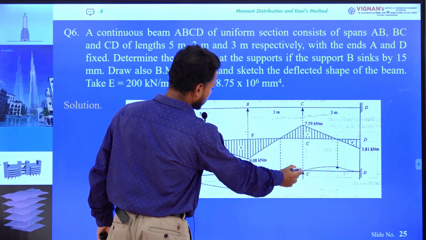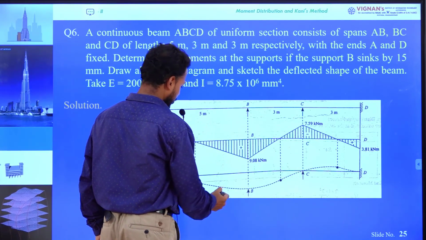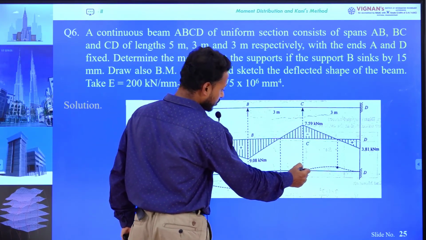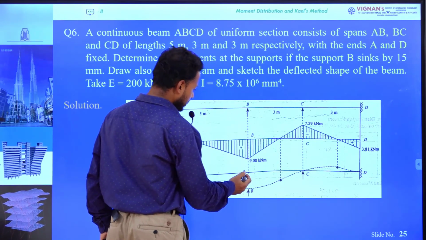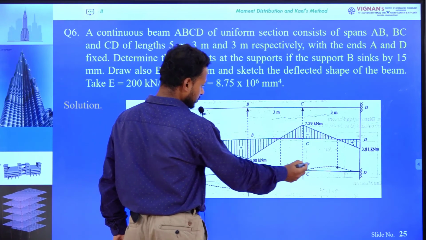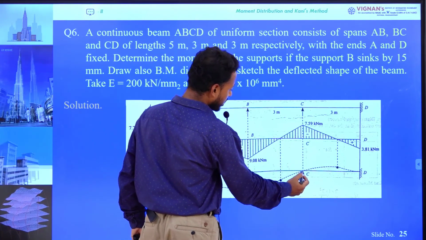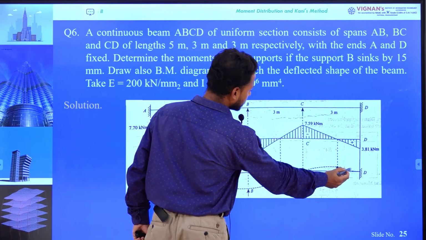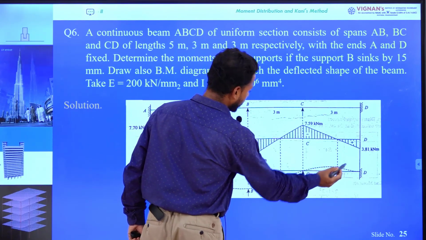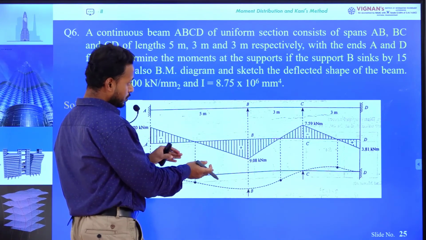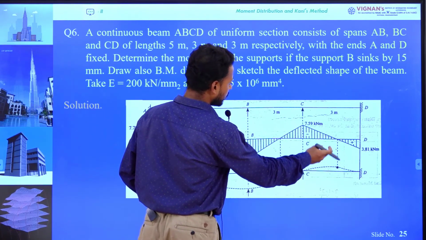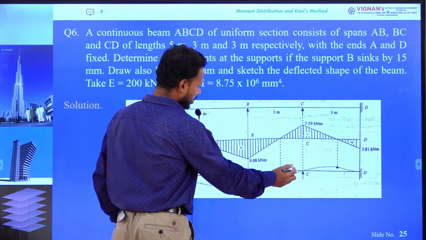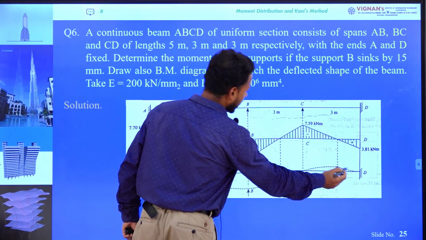This is a fixed support, so it won't deflect, it will be intact at its initial position, and as this support sinks, this span will curve like this. It will move in the upward direction. Once one span sinks, then the adjacent span goes up. So the deflected shape will be like this.